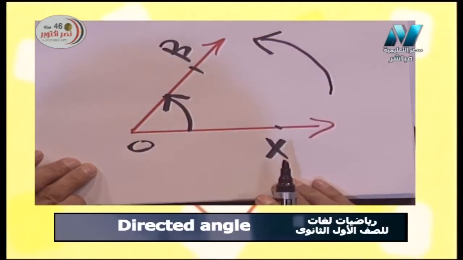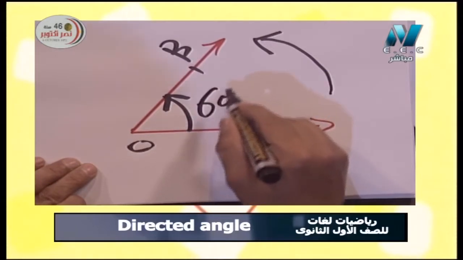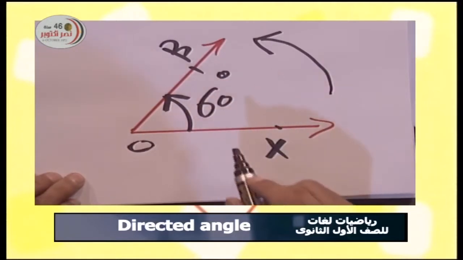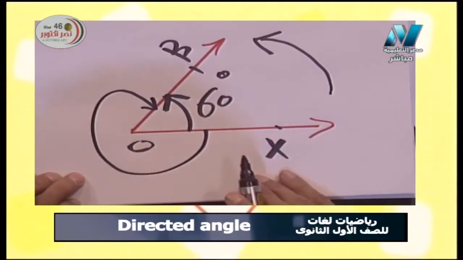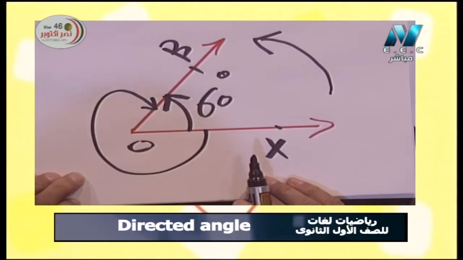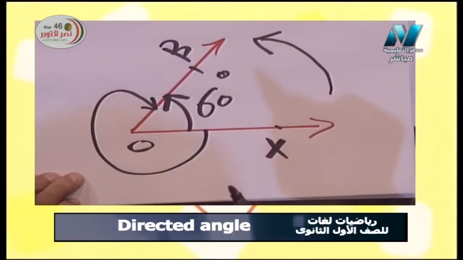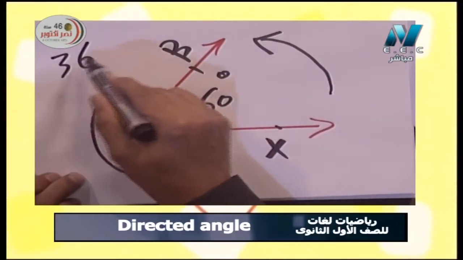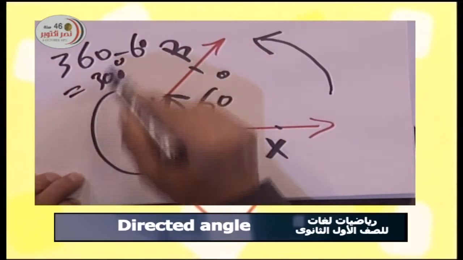If this angle is 60 degrees, then we have another angle which is equivalent to it. This circle equals 360 degrees. When we subtract 360 minus 60, it equals 300 degrees.